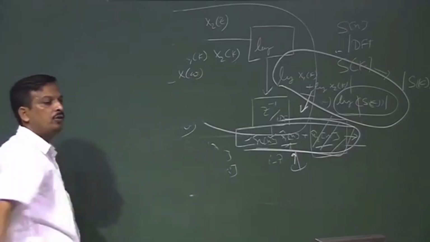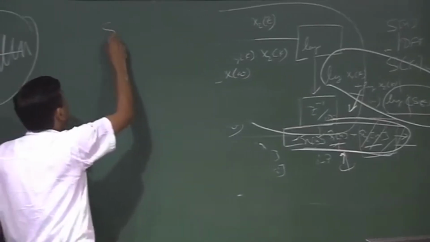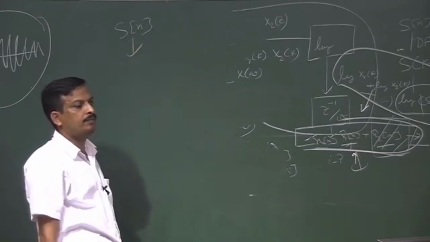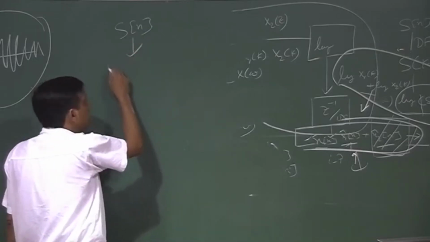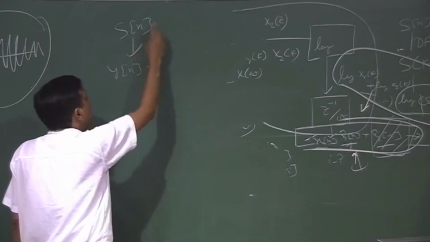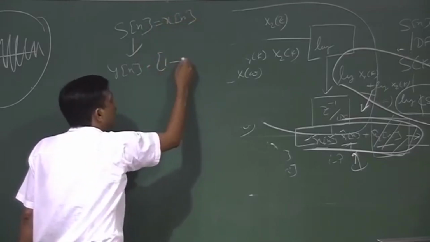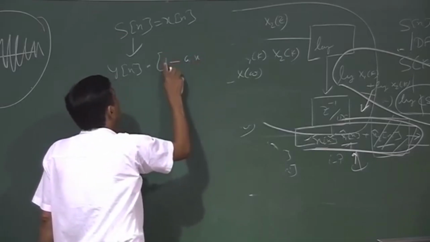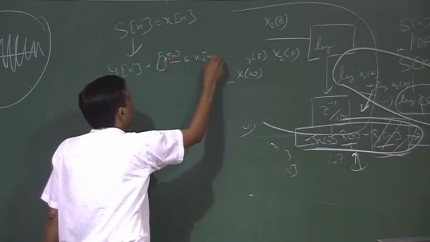So the first step, I get the speech signal S(n) and do the pre-emphasis: y(n) = x(n) minus a times x(n minus 1).